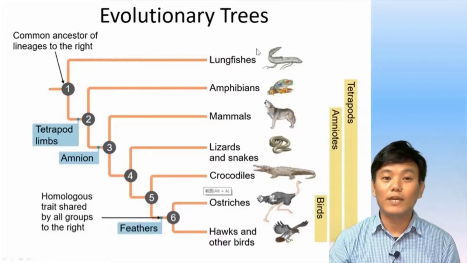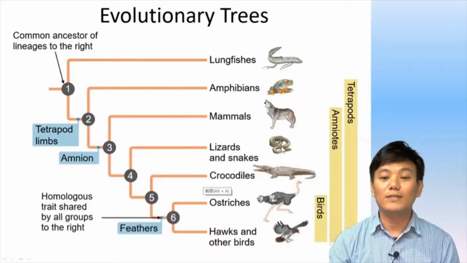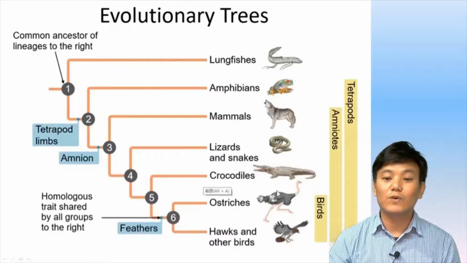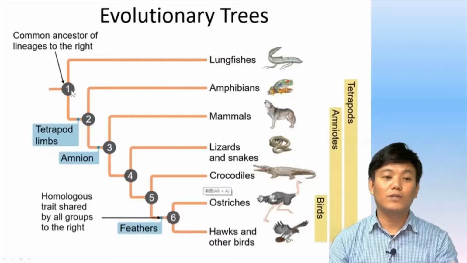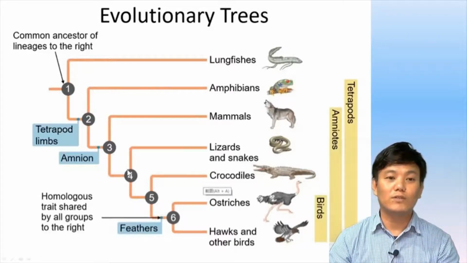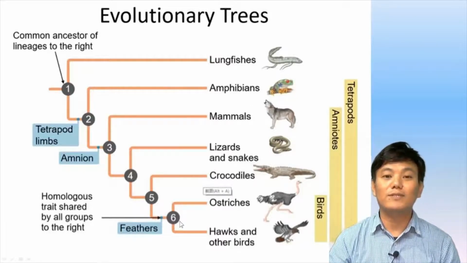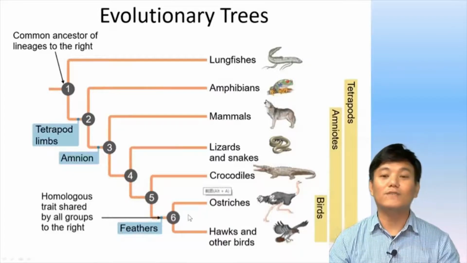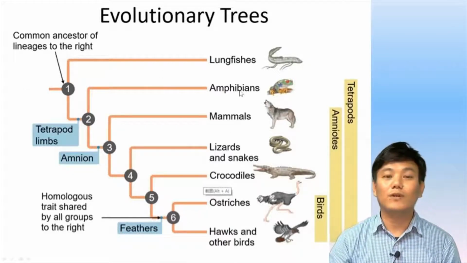By looking at evolutionary trees, at this branching descent, we can clearly show the relationship between these organisms, right? Snakes, crocodiles, birds, and ostriches are more closely related compared to mammals. So these nodes on this evolutionary tree represent the time at which the species deviated. Okay, so that is about the evolutionary tree.